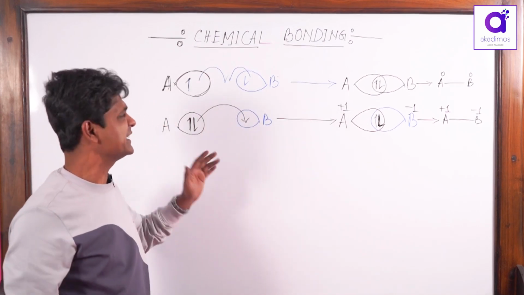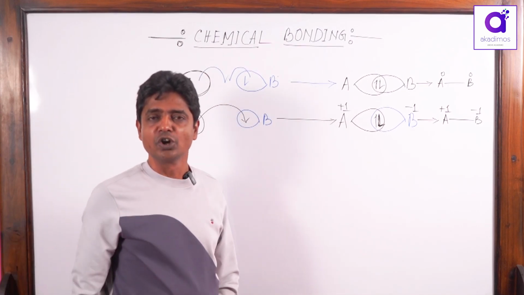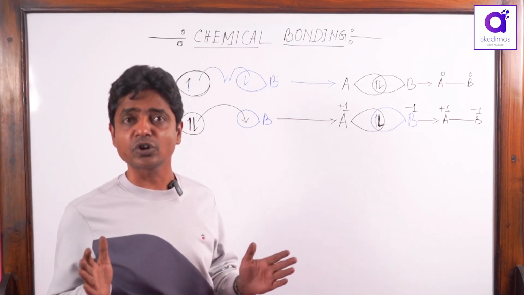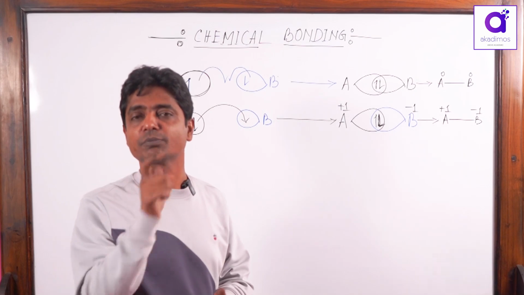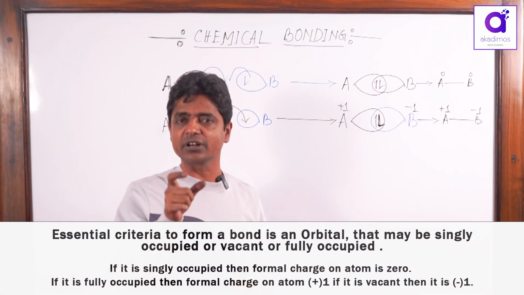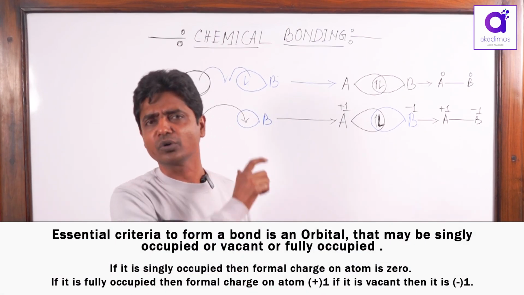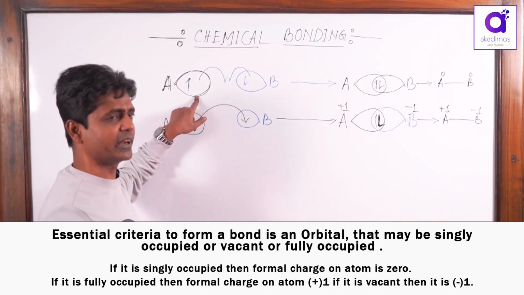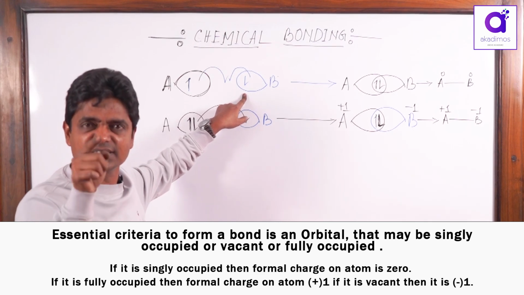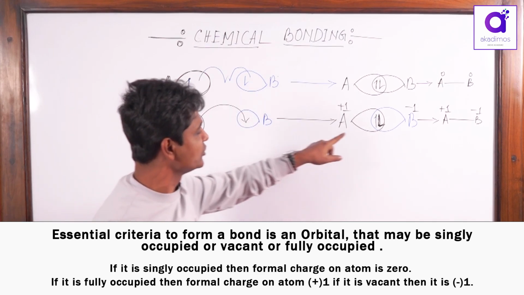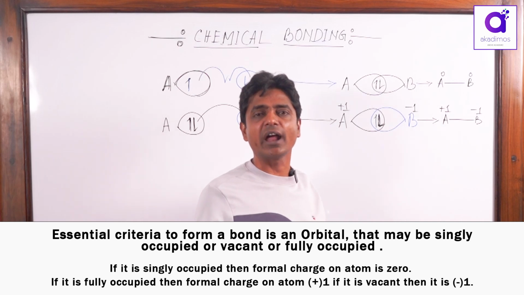Now, what idea did you get from here? To form a bond, electron is not the essential condition. The condition is orbital. That orbital may be singly occupied. If it is singly occupied, then it will form a bond with a singly occupied orbital and no formal charge you will get on the atom.